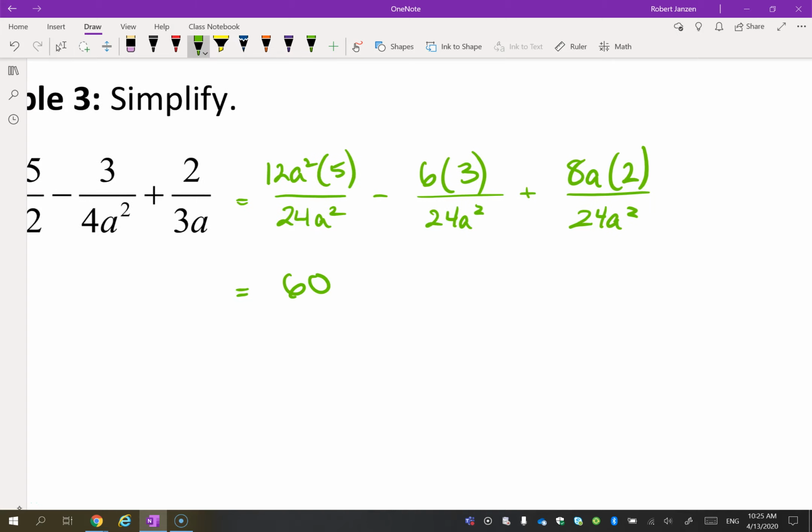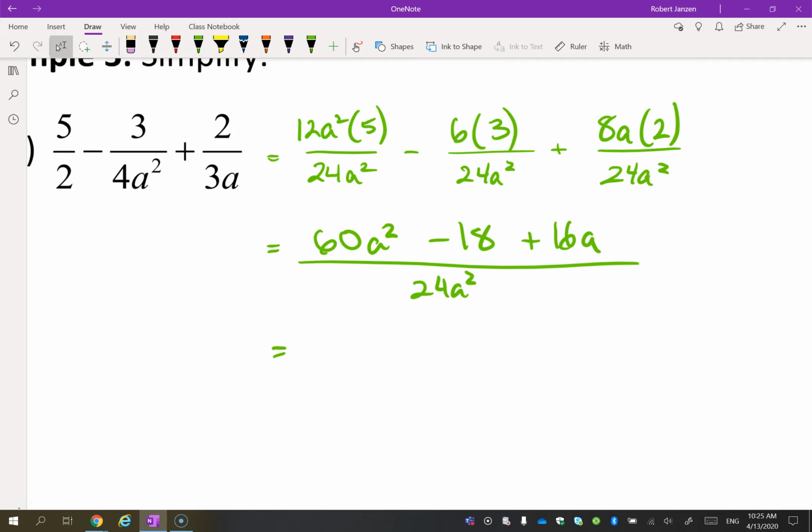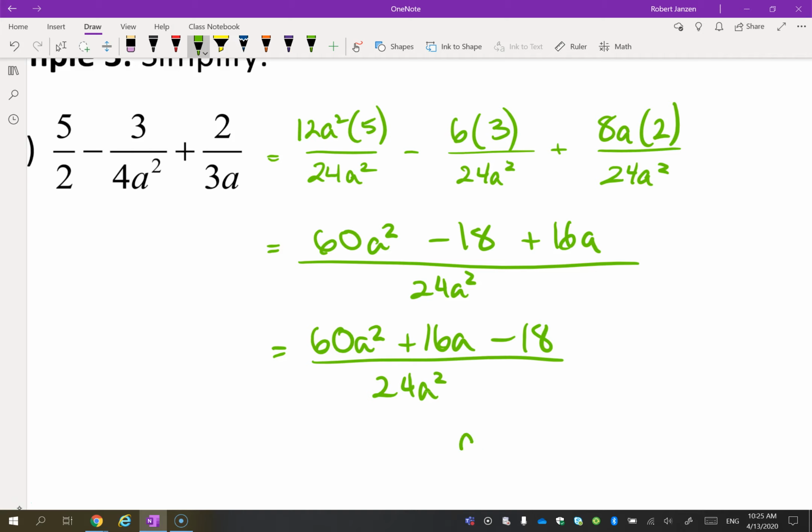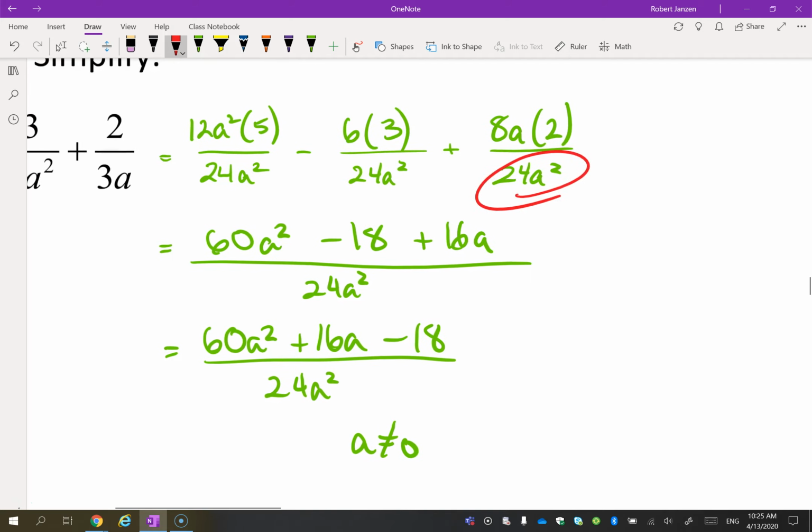So I get 60a squared minus 18 plus 16a all over 24a squared. Okay, and I have 60a squared plus 16a minus 18 over 24a squared. a cannot be 0.